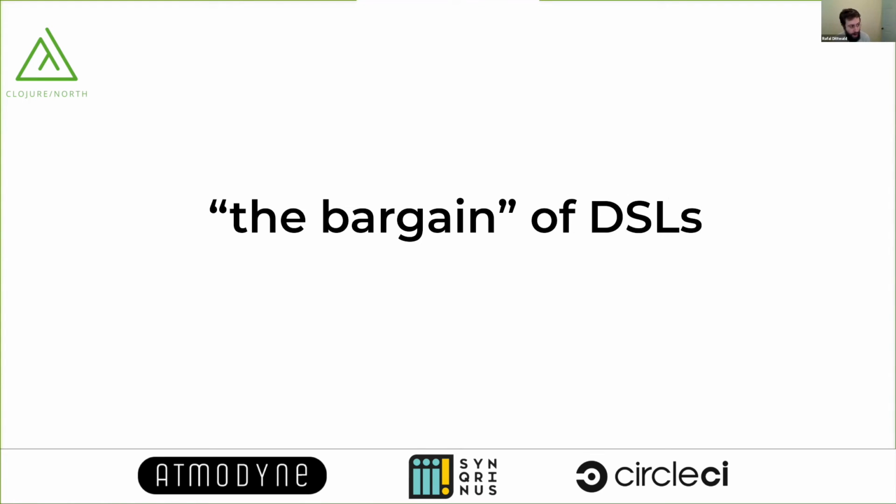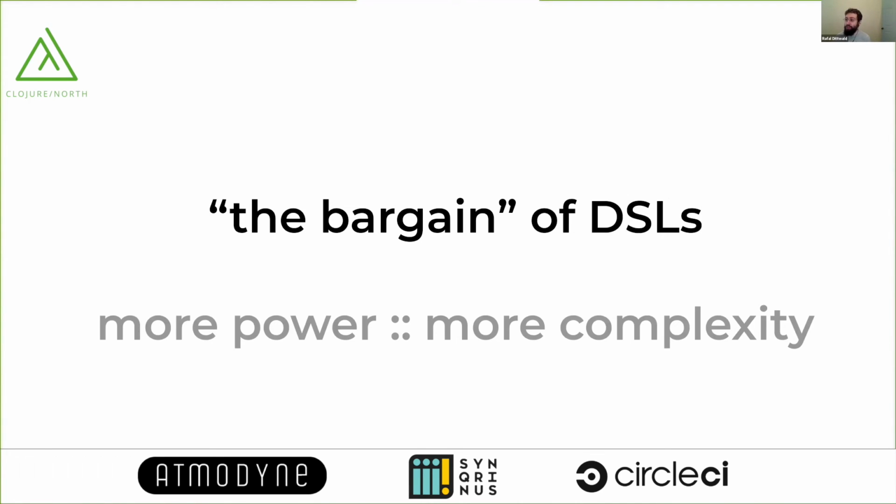But that power comes at the cost of slightly more complexity, right? Because now you have new behavior and you have to have a new mental model. When you're working with regex, the regex subsystem is a completely new, different kind of machine compared to, let's say, Clojure on the outside.